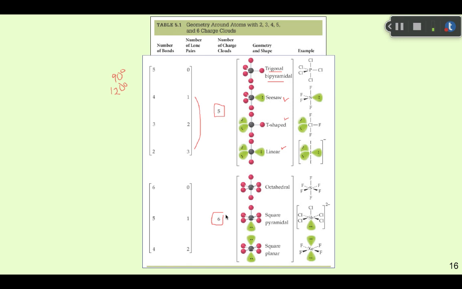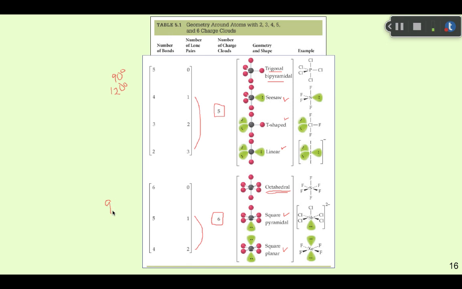When there's 6 charged clouds, you will have possibly bonds and no lone pairs, or bonds plus lone pairs adding up to 6. The geometry is based on the electron geometry being octahedral, but if there are some lone pairs present, we'll have either square pyramidal or square planar geometries for the entire molecule when there are 1 or 2 lone pairs on the central atom.